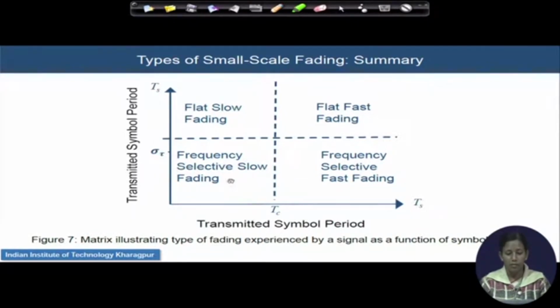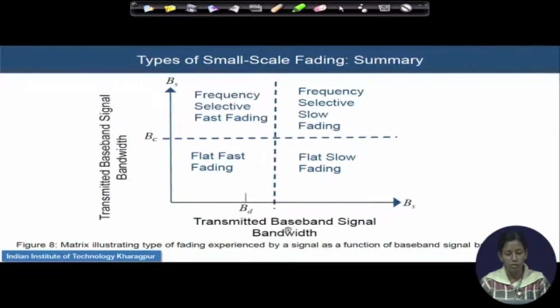And based on this combination of Tc, Ts and sigma tau, the whole portion can be divided into 4 parts: flat slow fading, flat fast fading, frequency selective slow or frequency selective fast, based on whether you are crossing the Tc, how high Tc is or how big the Ts values are, and where exactly the location of this RMS delay spread is.